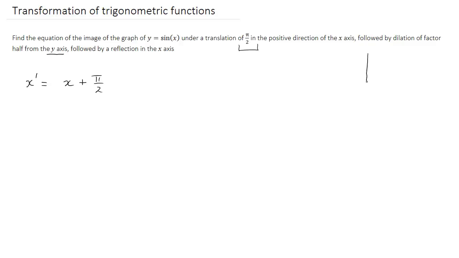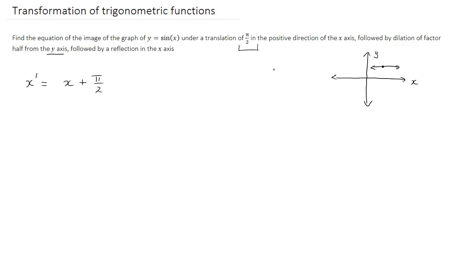So a dilation of half from the y-axis, if we just draw out a little axis just to get a visual, here's your y, here's your x. If you're going from half from the y-axis, it's either that direction or this direction here. So from always means that you're bouncing off the y-axis.